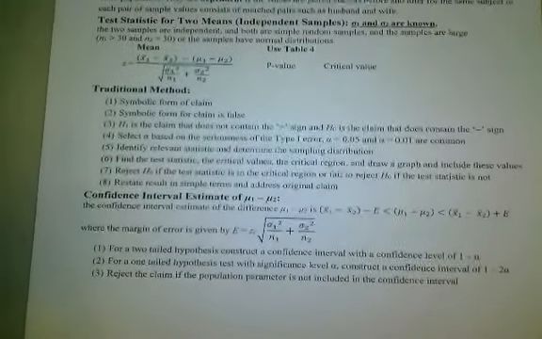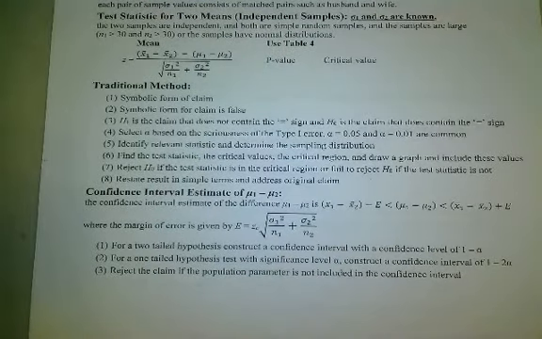Now, we can also do the confidence interval method, and really all that's changed here is that instead of x bar minus E and x bar plus E, we have two samples. And again, what we're really looking for is the difference between the two samples and what that tells us about the difference between the two populations.